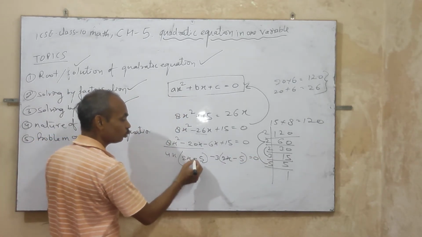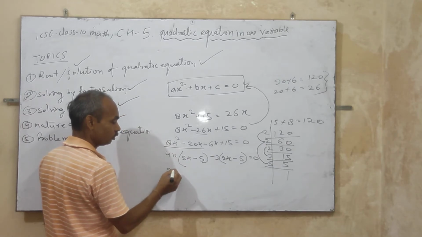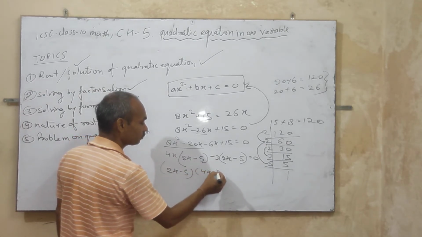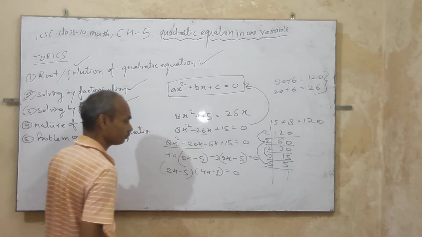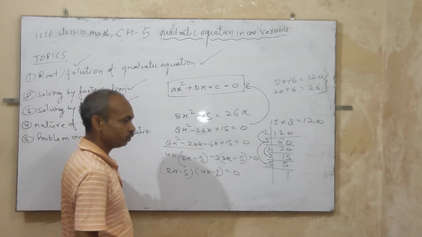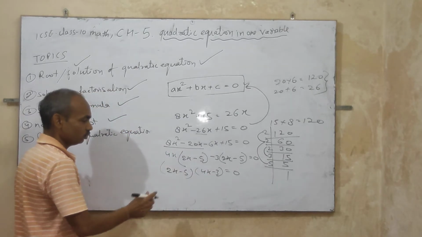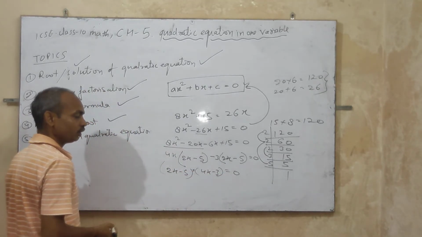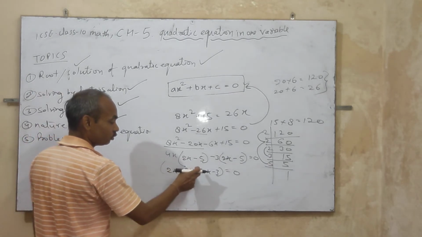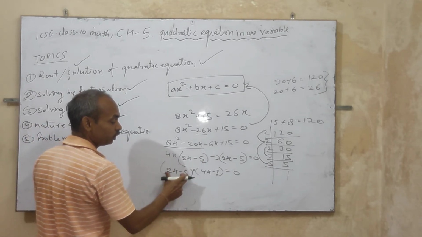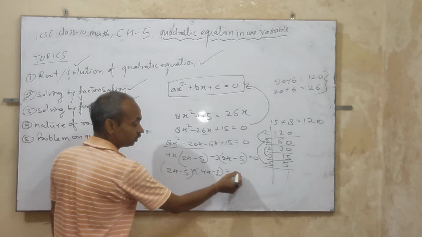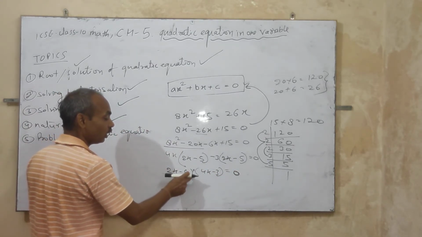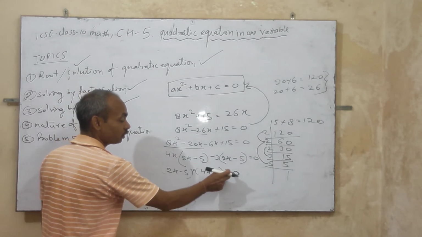Again taking 2x minus 5 common, we get 2x minus 5 times 4x minus 3 is equal to 0. Using the zero product rule, if the product of two numbers is 0, then one of them must be 0.